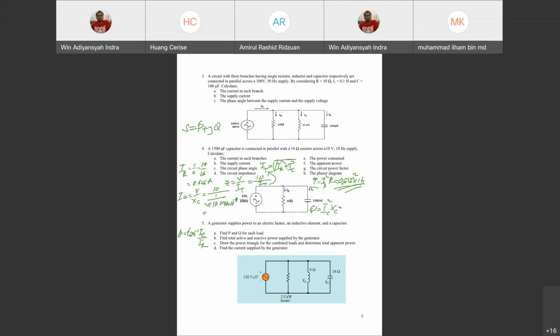You have IC and XC also. So you get the number, then you put it in here.